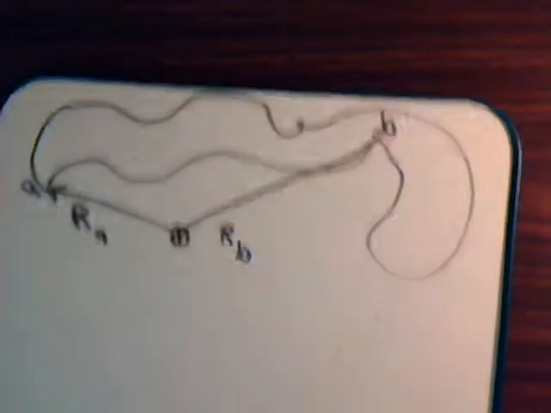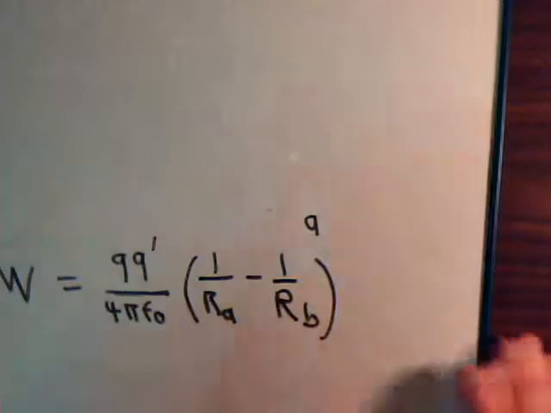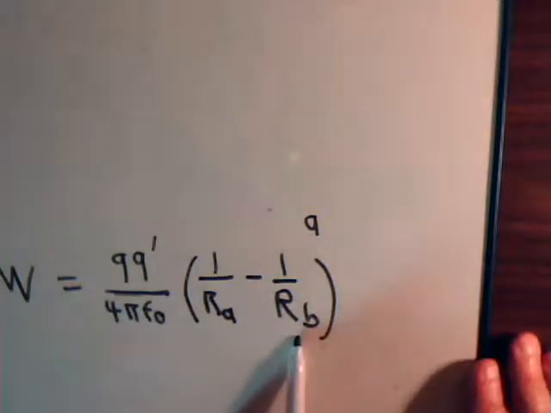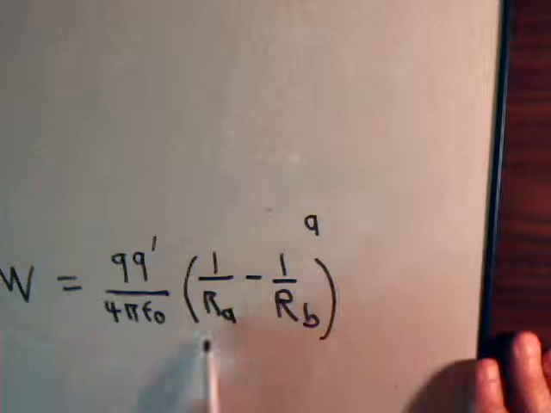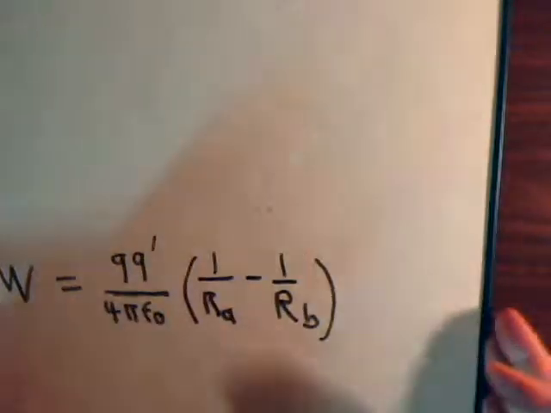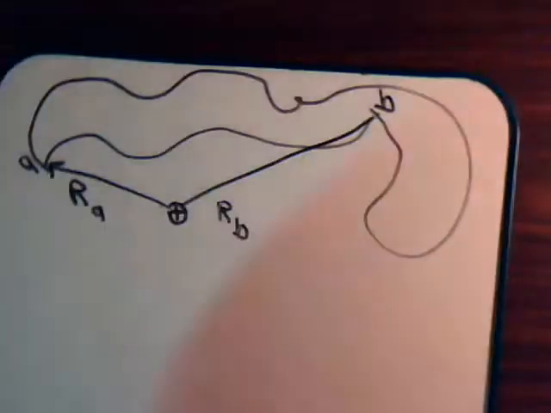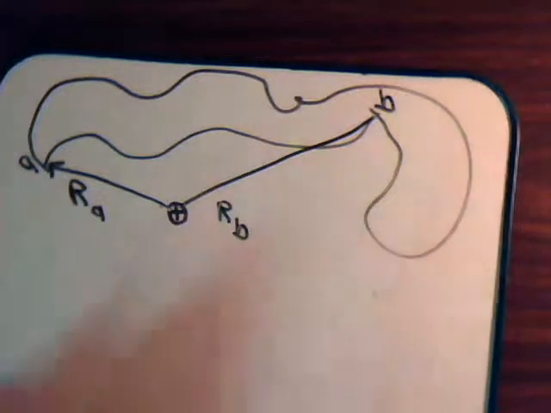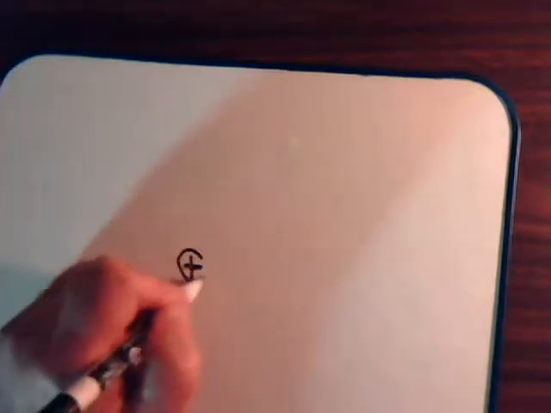Or, if we go back here, what happens if we end up where we started, so that RB equals RA? Then, of course, the work equals 0. So, we could start here. Here's our stationary charge.